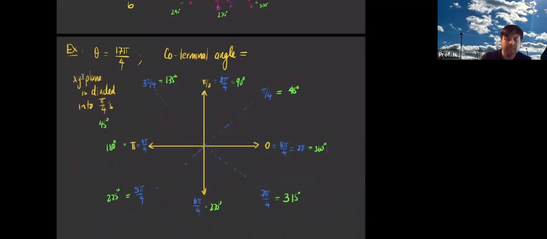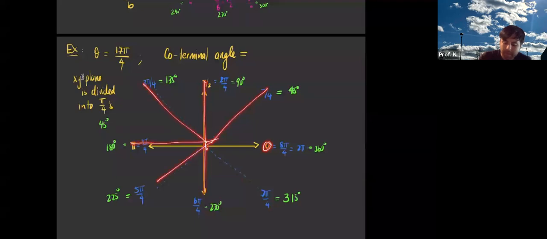And I'm going to do a very similar thing to what I did in the previous example, right? This is 0, this is 1 pi, 2 pi, 3 pi, 4 pi, 5 pi, 6 pi, 7 pi over 4, and then I come back as 8 pi over 4.